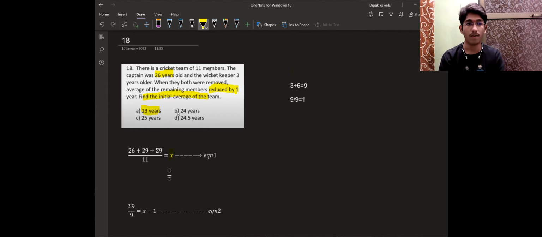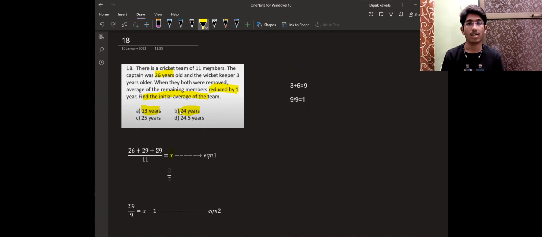I will explain with this 24 years example. Assuming 24 years is our answer, the captain's age is 26, which is 2 more than the average. And the wicket keeper's age is 29, which is 5 more than the average. This 2 plus 5 is 7. Now how can I distribute this 7 years over the remaining 9 people?